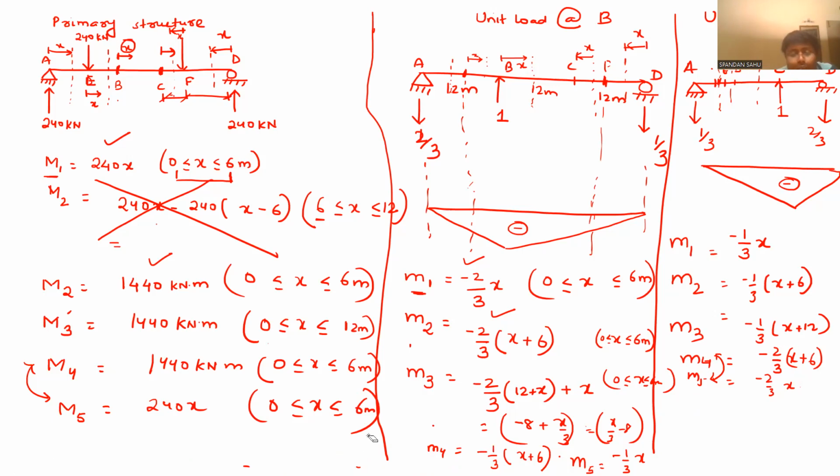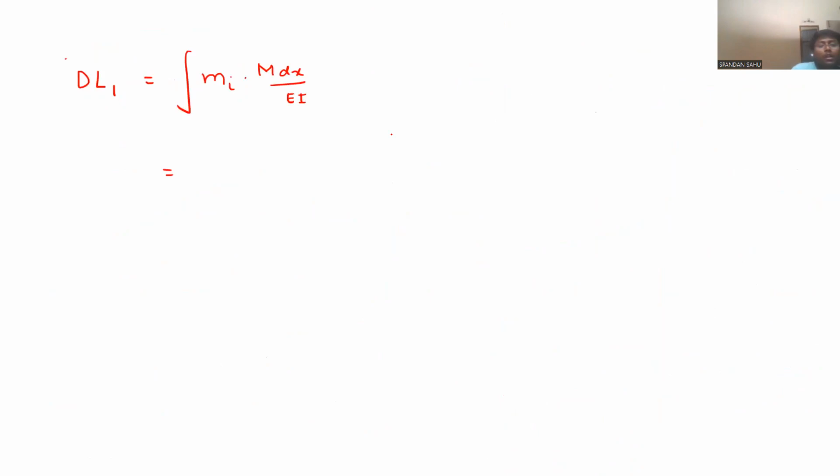This is the correct thing. So you got M5, M4; here also M5, M4; here also M5 and M4. Now, small m1 was minus 2/3 of x.